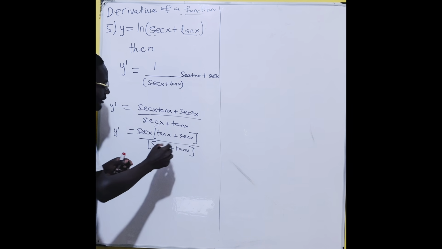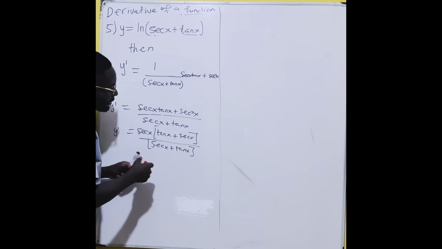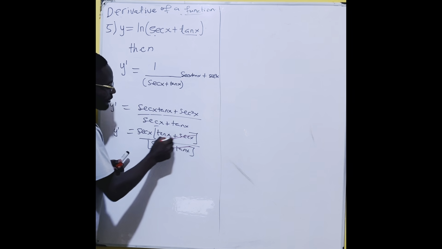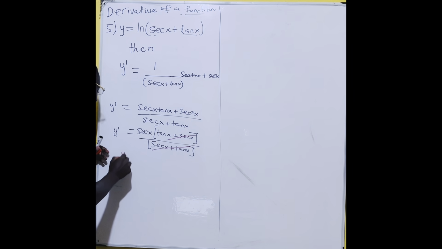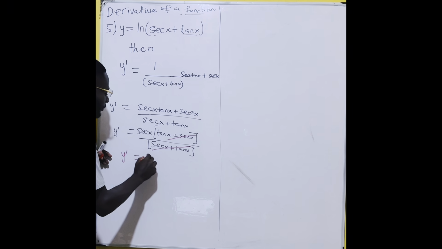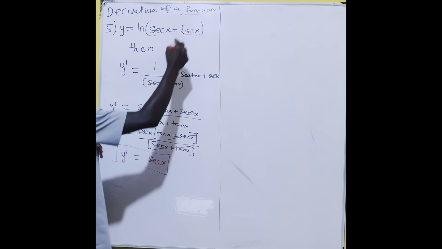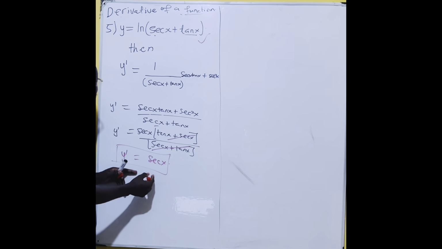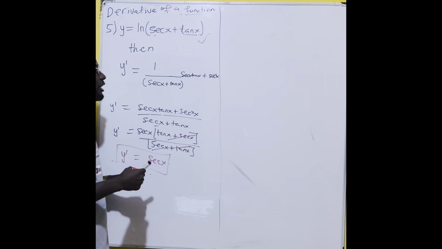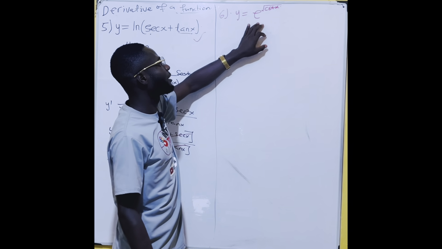So we can see that this cancels this, and we have y prime equal to sec x. So the derivative of this function is sec x. Okay, so let's move on with question number 6.